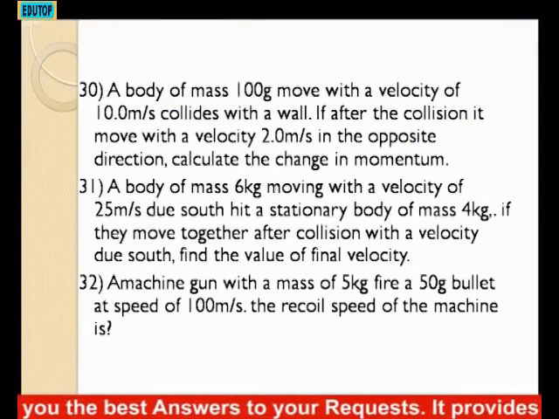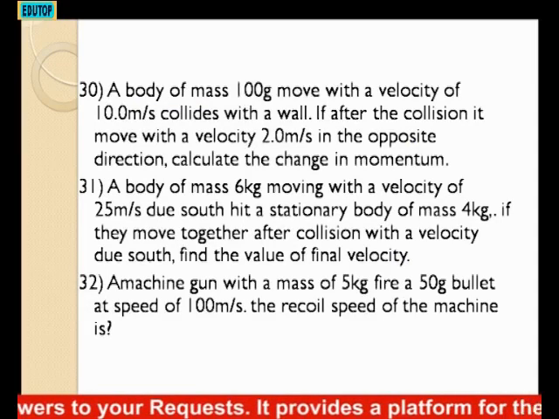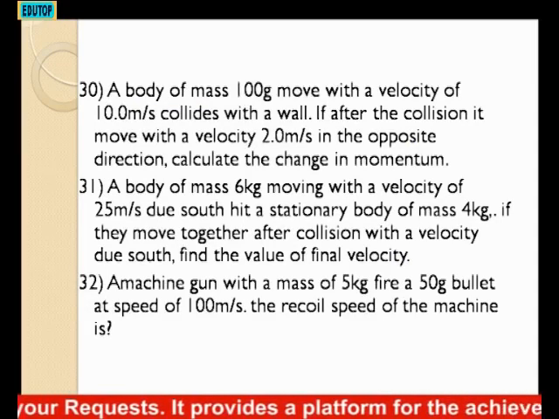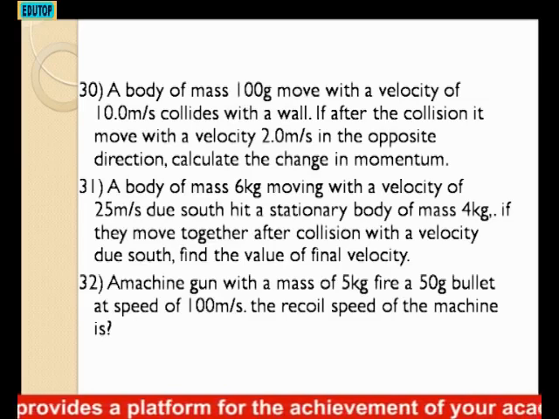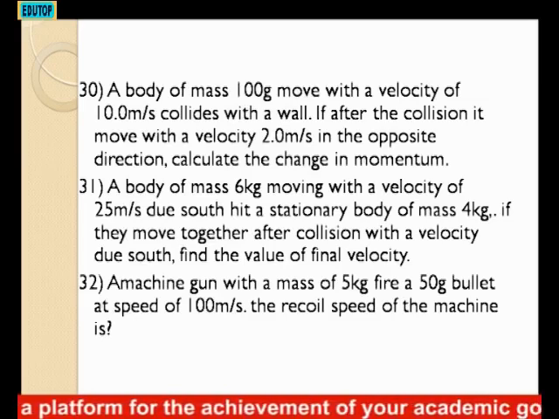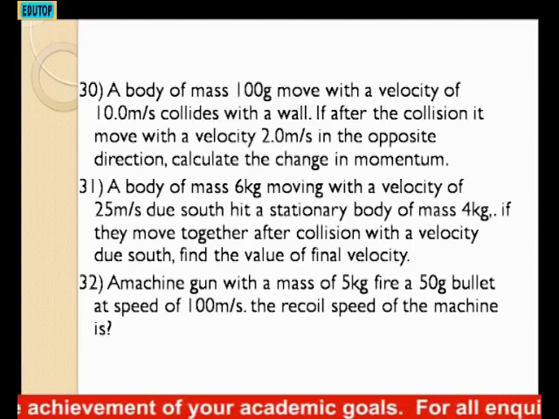Let's look at what we are given. A machine gun with a mass of 5 kg. That is the mass of the machine gun. Fires a 50-gram bullet. That is the mass of the bullet. Then a speed of 100 meters per second.